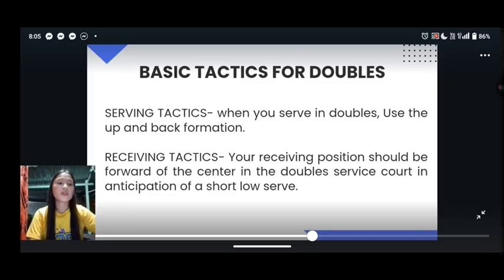When you serve in doubles, use the up and back formation. As a server, you should stand within a stride of your T. Serve short to your opponent's T, then move forward to cover your front court from sideline to sideline.